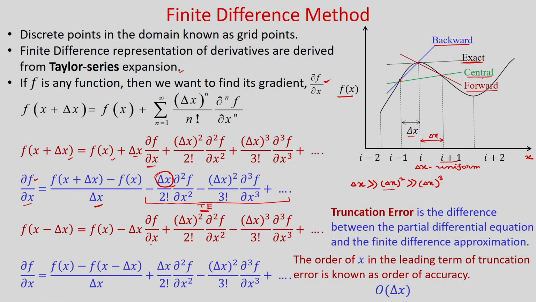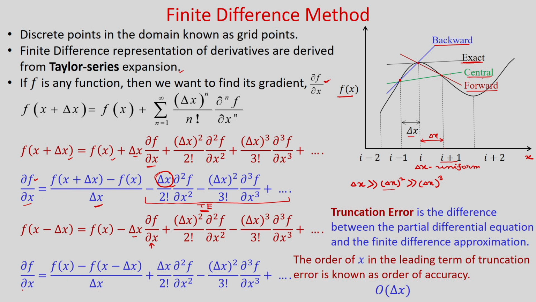Now if you want to approximate this gradient del f by del x using one backward point, then you can write f x minus f x minus delta x, and you divide by delta x, then this term will become delta x by factorial 2 del 2 f by del x square minus delta x square by factorial 3 del cube f by del x cube. So, you can see the finite difference approximation of this del f by del x is f x minus f x minus delta x divided by delta x.